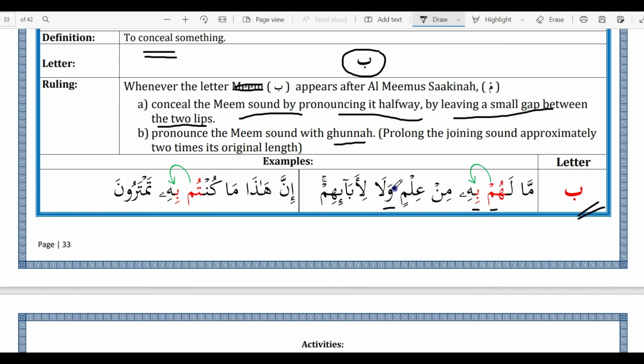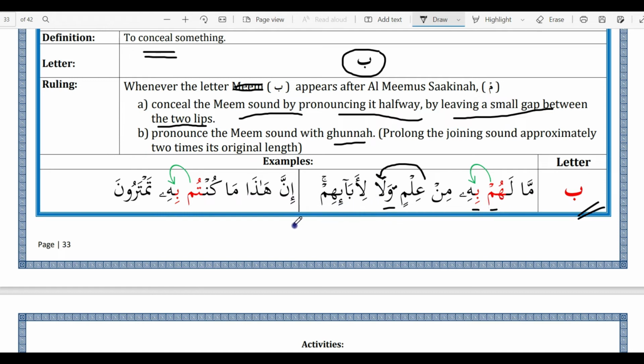There's supposed to be a shadda here above the waw, because waw is from idgham of nun sakina and tanween. The letters are ya, nun, meem, and waw. And waw comes after tanween, so we have to join the two words together. That's why we have ilmin wala li'abaihim.